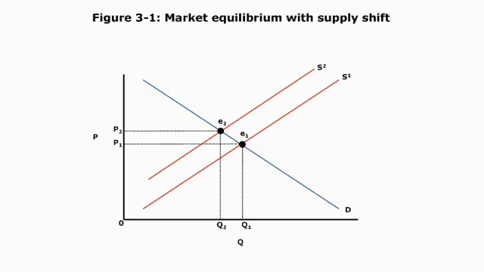Last time we talked about a pork-specific drought. That leads the supply to shift inward, so the supply curve rises to S2. At that new price, initially you would have excess demand. But quickly the price increases to shut off that excess demand. And you end up at a new equilibrium with a higher price, P2, and lower quantity Q2, a new equilibrium point E2. And we talked that through last time.